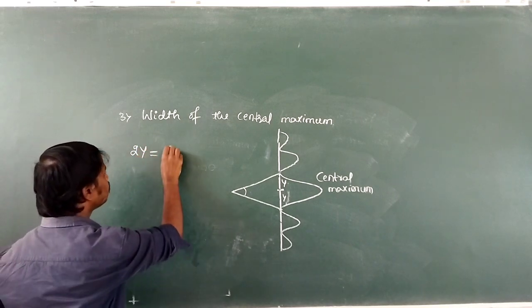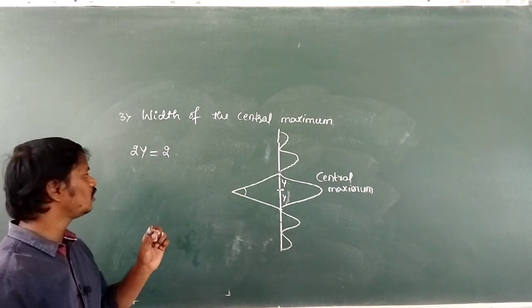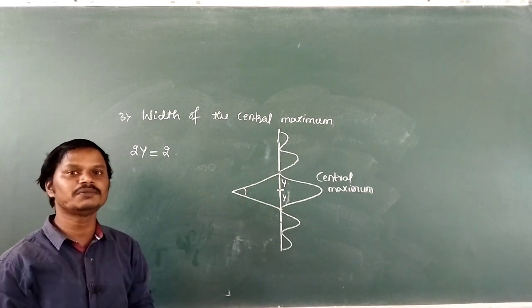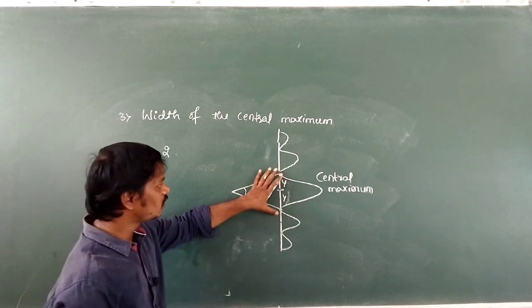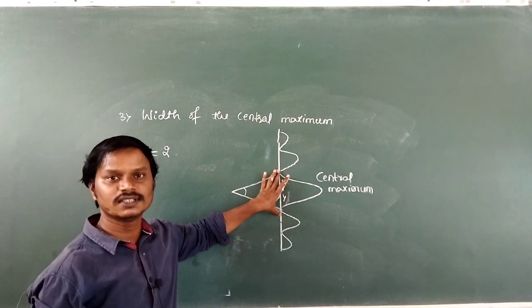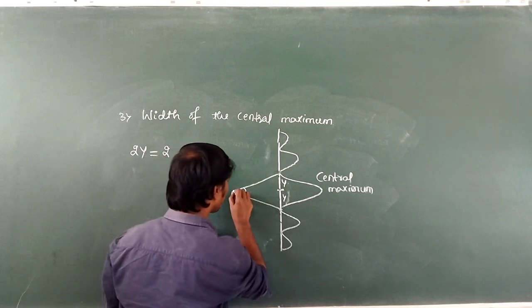then 2 into, what is the linear position of the first minimum? What do we mean by linear width here? It is the distance between the first two minima on both sides. What is the linear position of the minima?